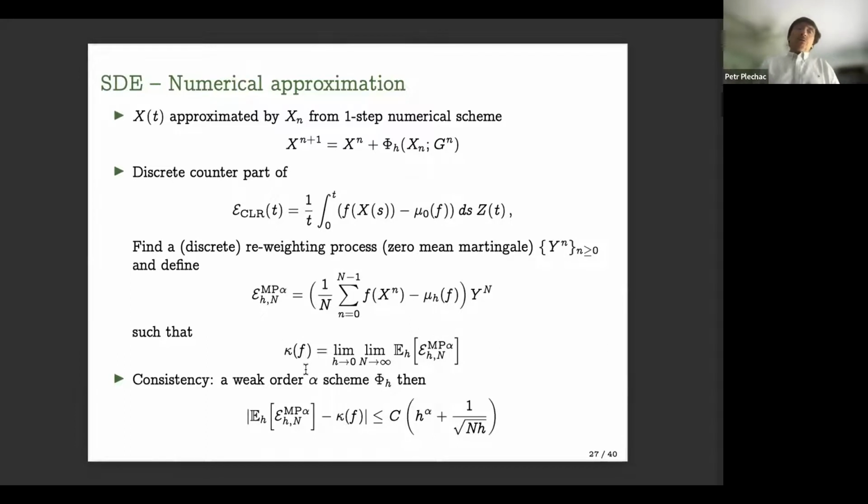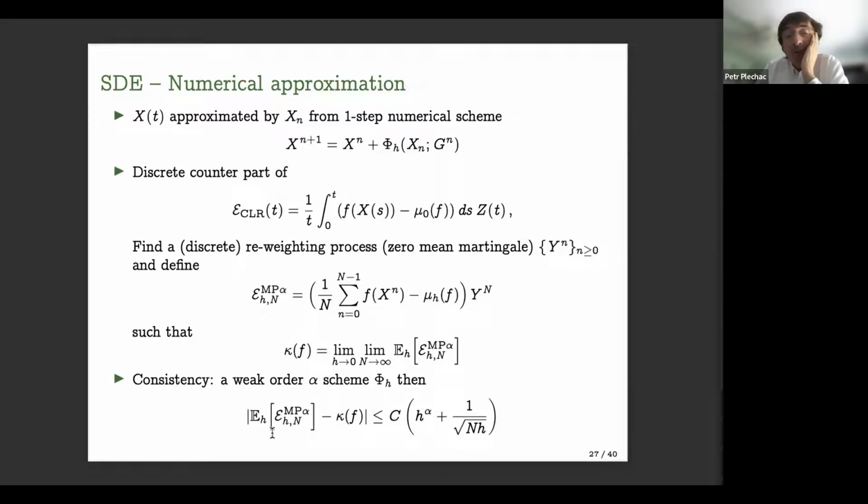So now, where does the numerical analysis or numerical approximation enter? Of course, when we simulate, we discretize the stochastic differential equation, and we would like to see whether we can achieve some sort of consistency. Let's assume that we have a one-step numerical scheme with weak order alpha.